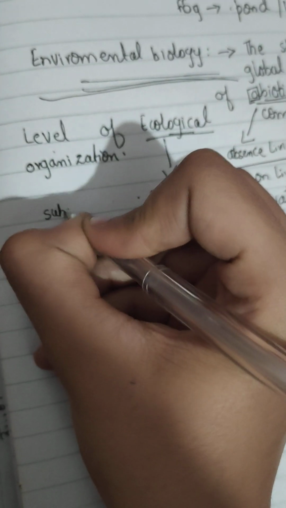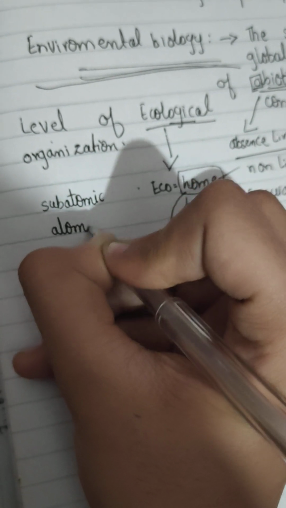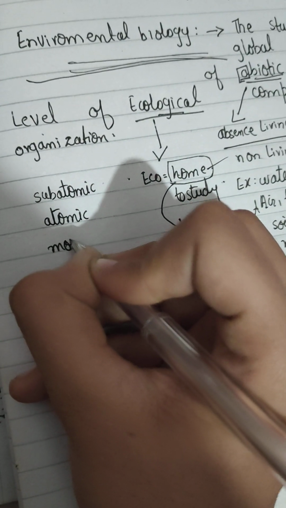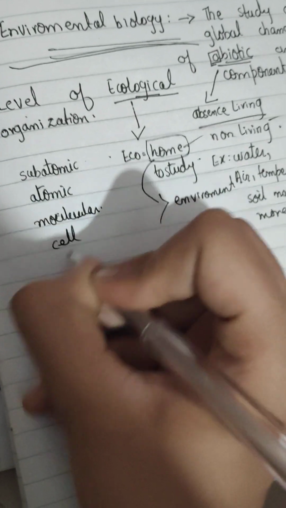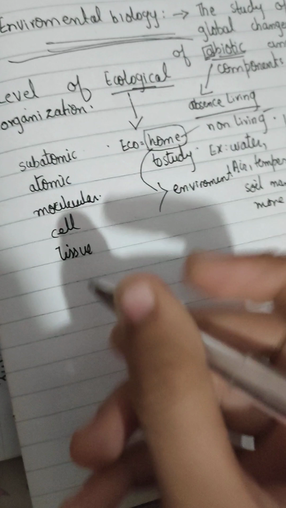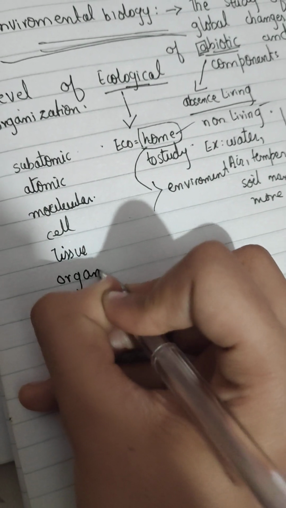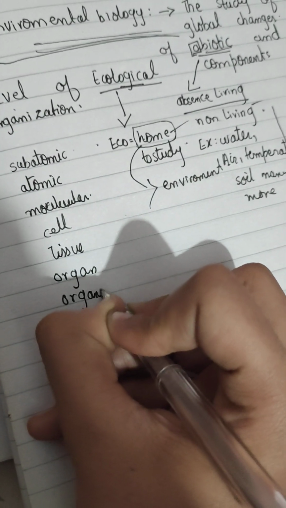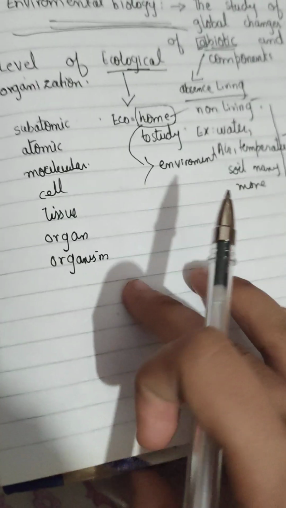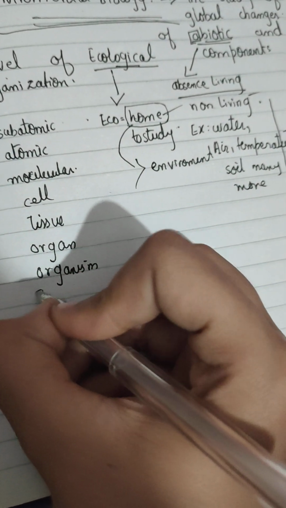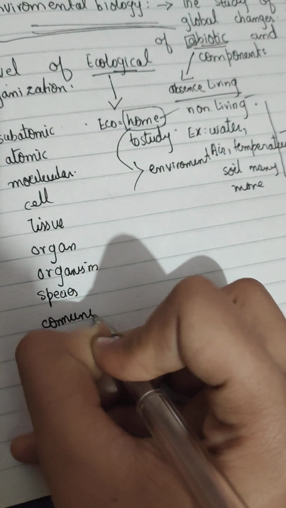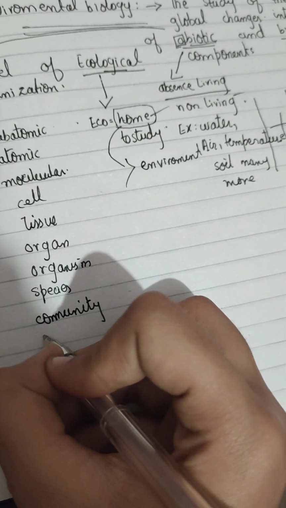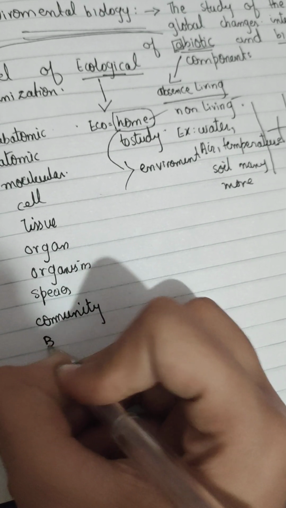There was the subatomic level, then atomic, then molecular, cell, tissue, and organism. Then species, community, and then biosphere.